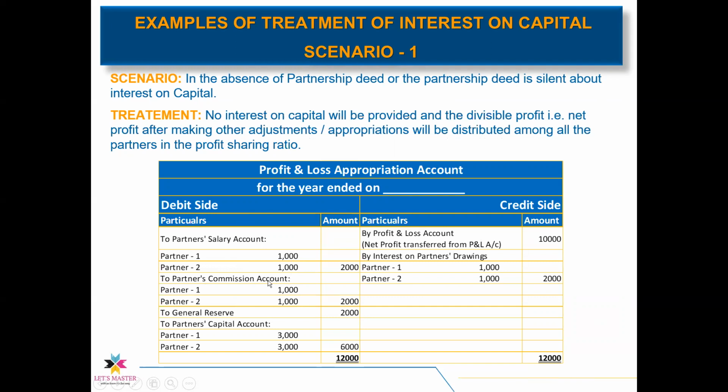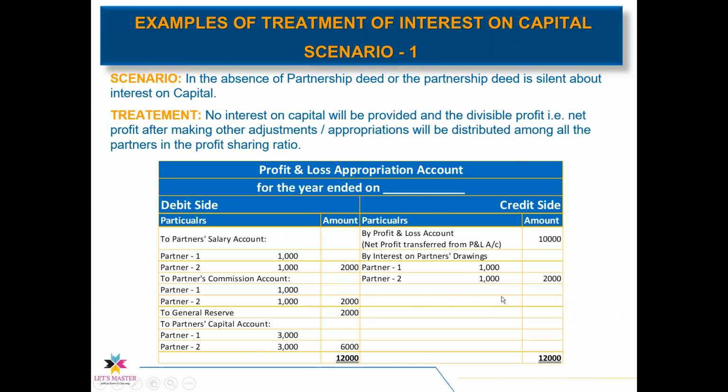Then commission paid to the partners, 1,000 each. Then the amount transferred to the general reserve. So out of this 12,000, 6,000 has already gone here. Now the balance 6,000 is distributed among both the partners in the profit sharing ratio. Here we are assuming that the partners are sharing profits and losses equally.